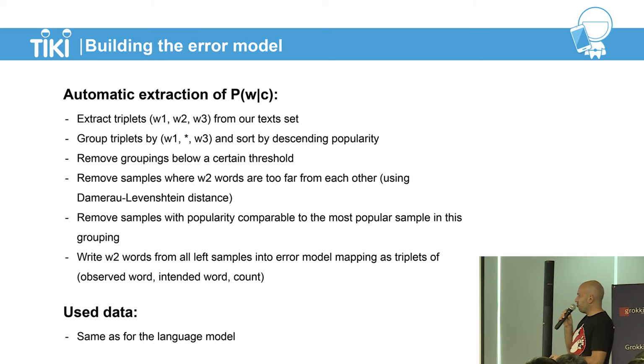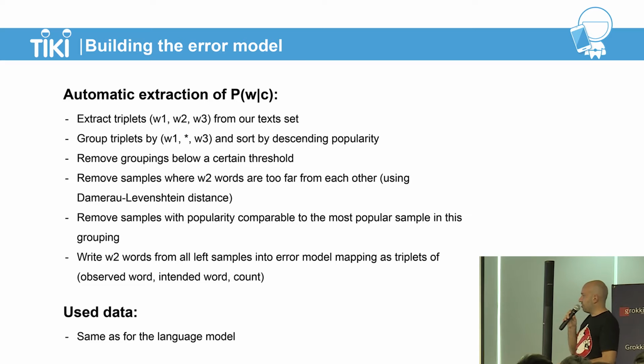Then we remove the groupings which are not popular, just so they do not make noise in our data. Then we remove samples where the words in the middle are too different from each other using our Damerau-Levenshtein distance metric, which I explained before. Then we remove samples where the popularity of the most popular middle word and the less popular middle word are comparable.